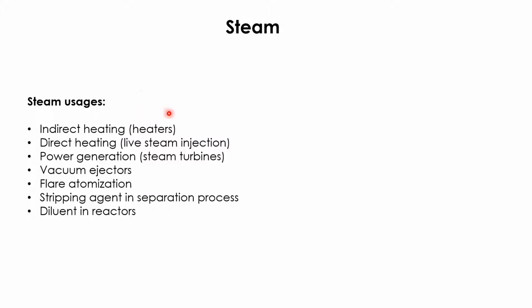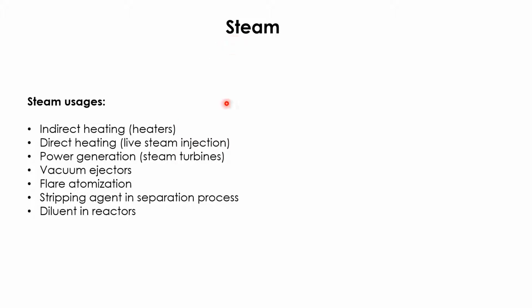You can see here that steam is used for indirect heating. So steam is basically the source of heat. Direct heating can also be used. Steam can also be used for direct heating by just mixing the steam with anything that we want to heat.